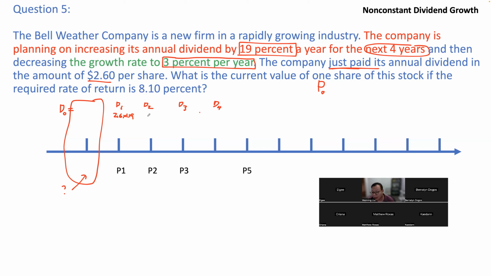As I said, D1 equals 2.6 times 1.19. Anyone tell me what about D2? How do we calculate D2?